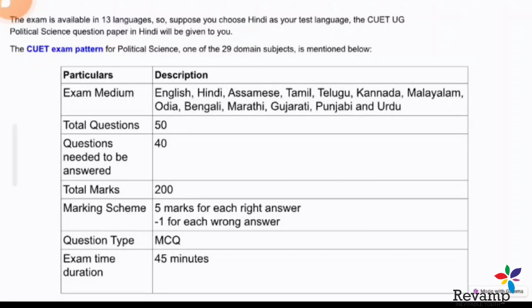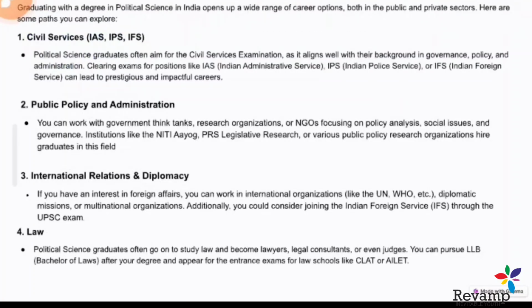Now let's come to the next thing. What are the career options after graduation in political science? We all know there are a lot of career options, but first and foremost is the civil services, a very prestigious exam. You all know humanities students aspire to become an IAS or IPS.